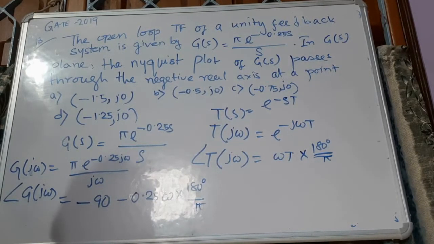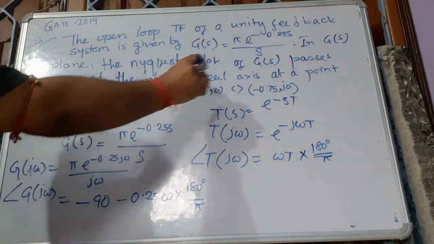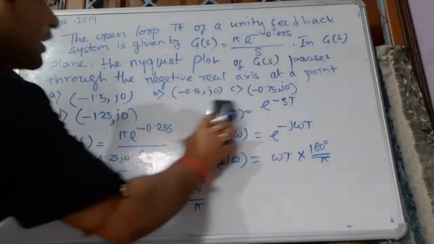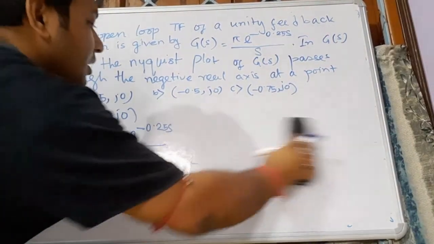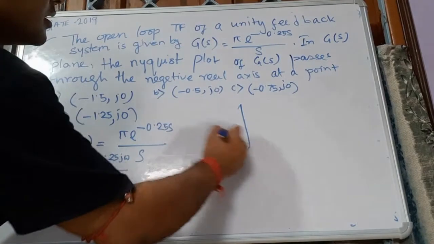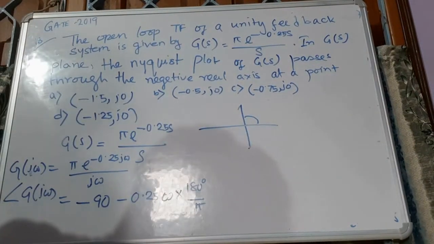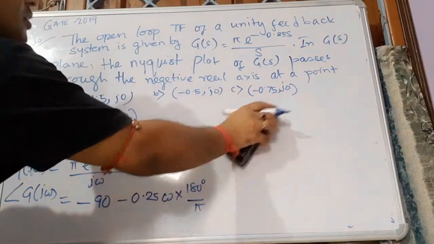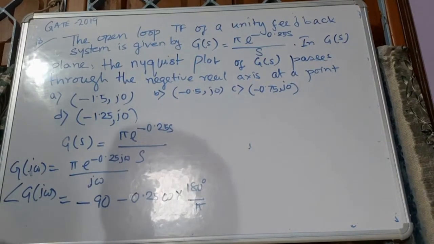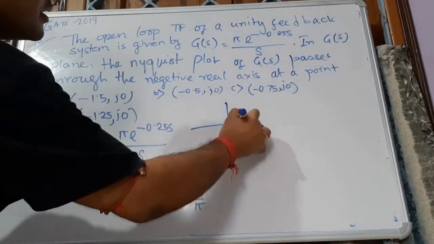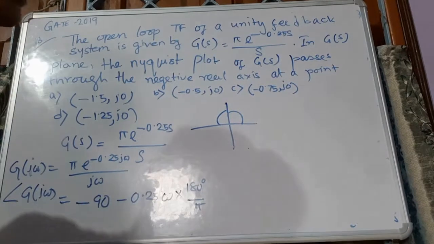Now it passes through the negative real axis. On the negative real axis, this is minus 90 degree and this is minus 180 degree.